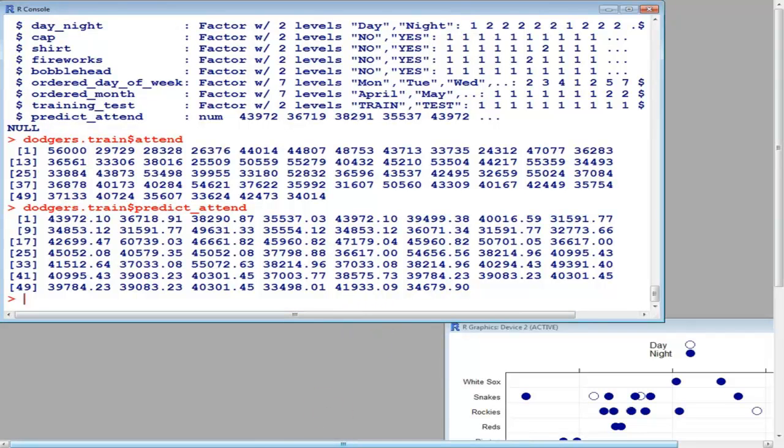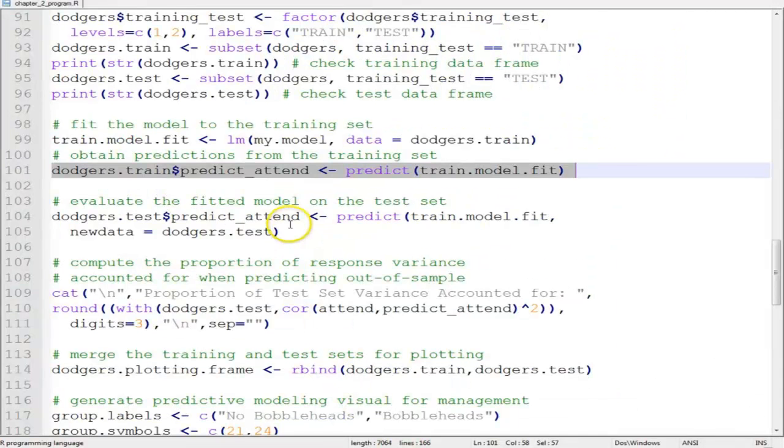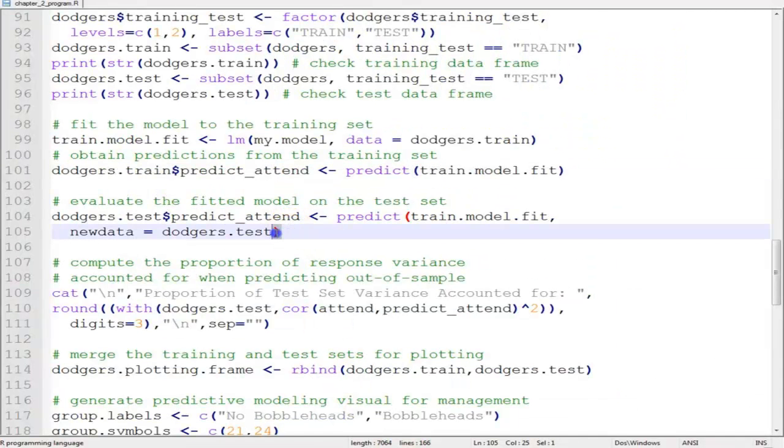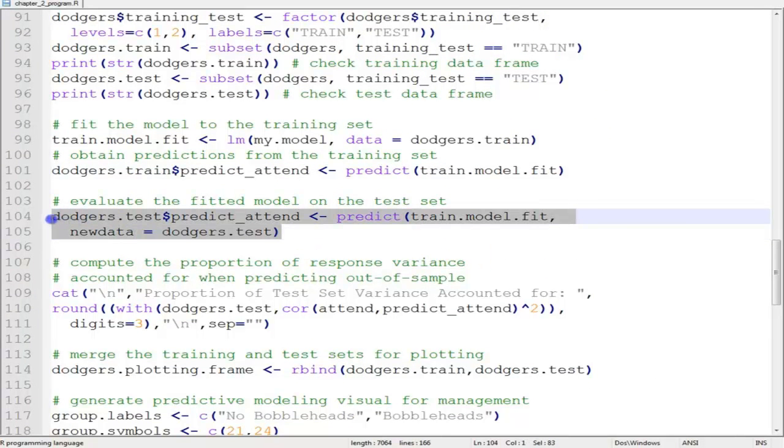He does what? This one. So what's this one going to do? He's using the predict function again. He's using the same model as before. But what's the data?